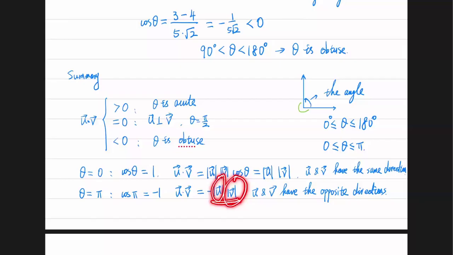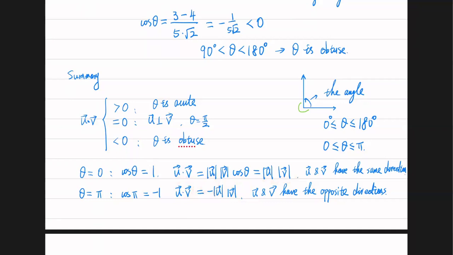They are square roots. Or else the dot product would be imaginary. Here, the dot product may be positive or negative. It depends on the relative position.